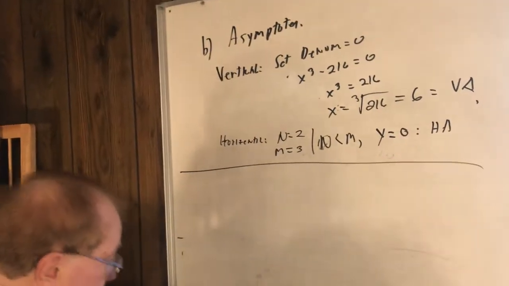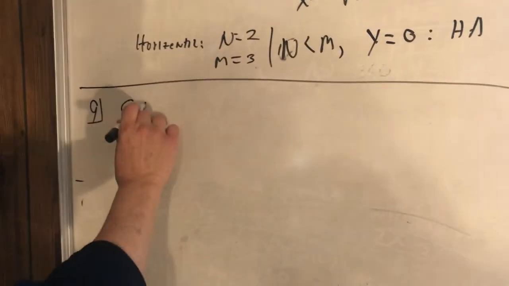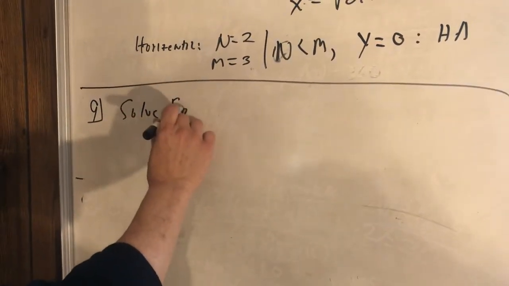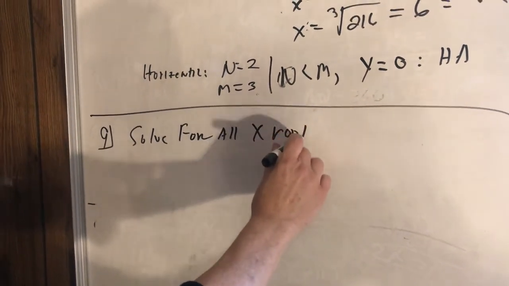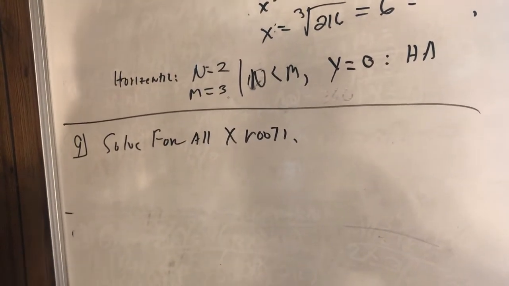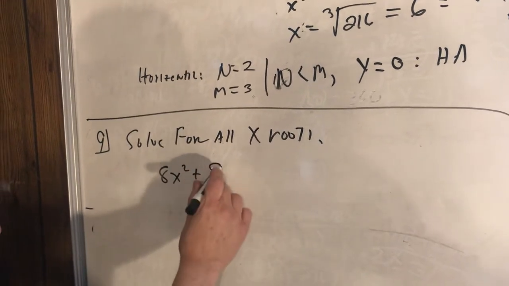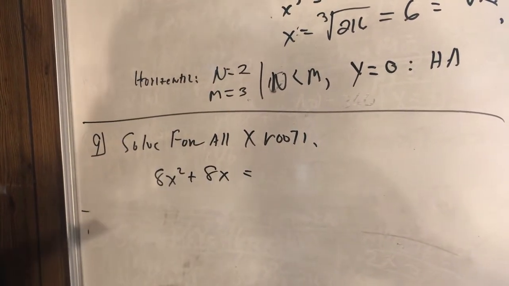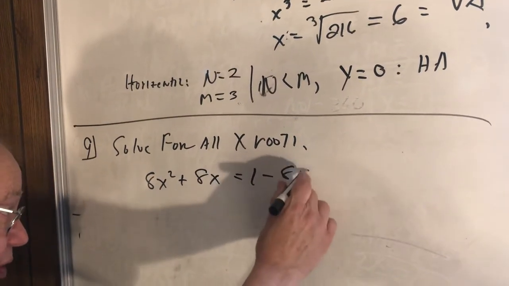Okay, so number 9. Solve for all roots. And the equation is 8x squared plus 8x equals 1 minus 8x squared.